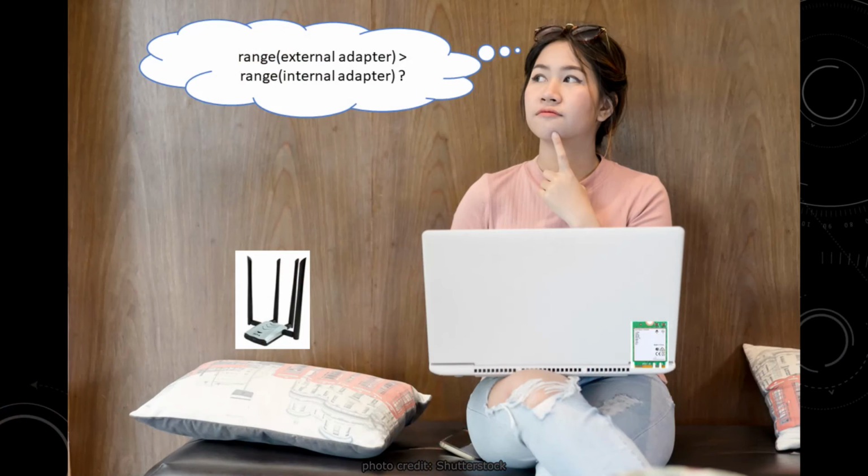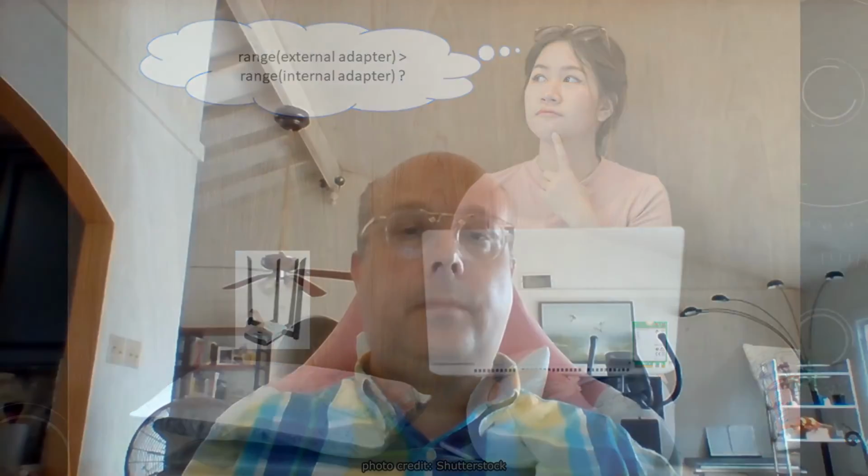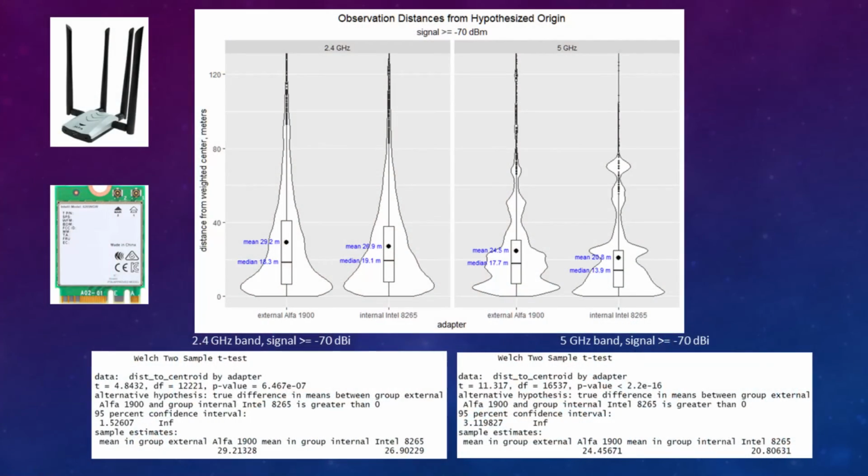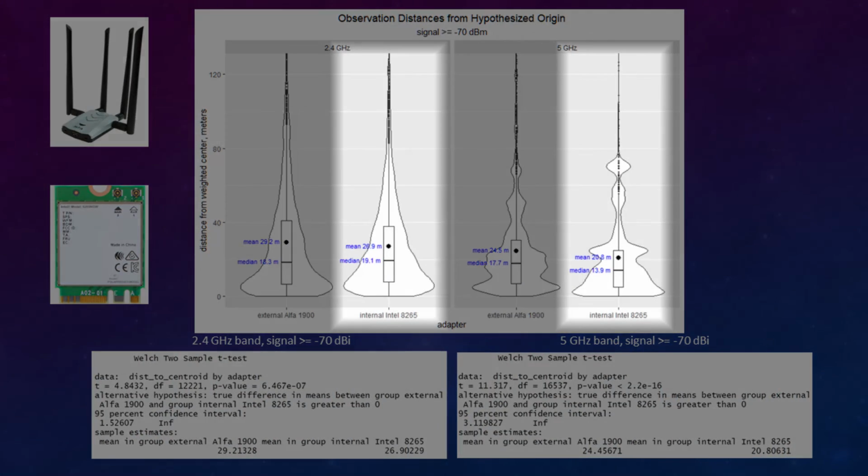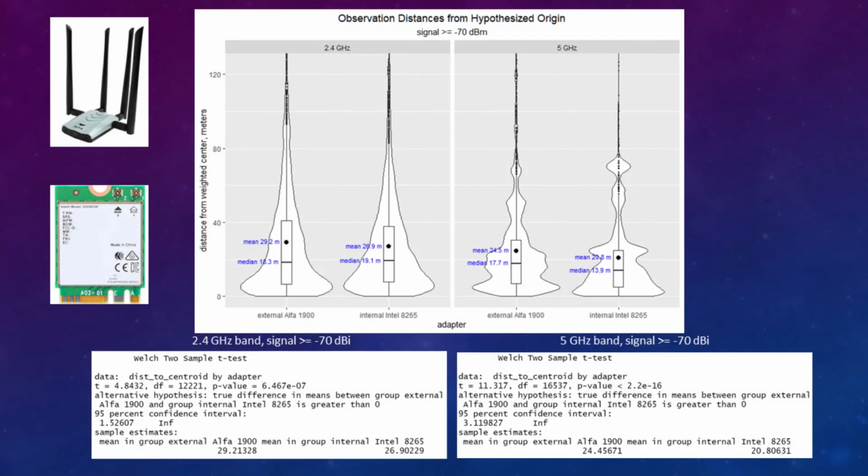Now, I'm going to add a consumer reports aspect to my project. I think it would be a good idea to test whether this rather expensive external Wi-Fi adapter is any better than the internal adapter. In this graph, I compare adapter performance on each band. The alpha is on the left and the Intel internal adapter is on the right.